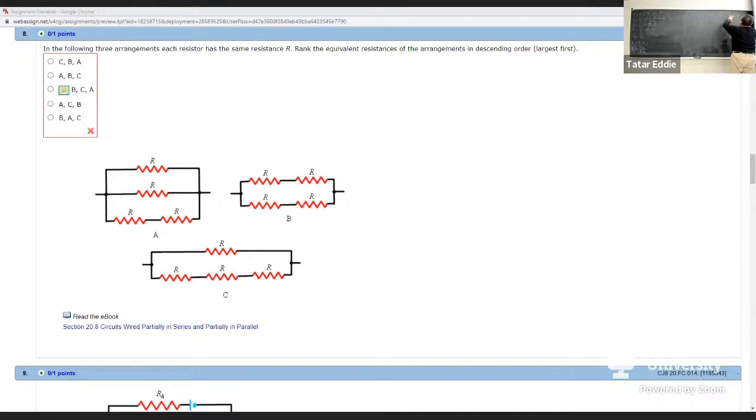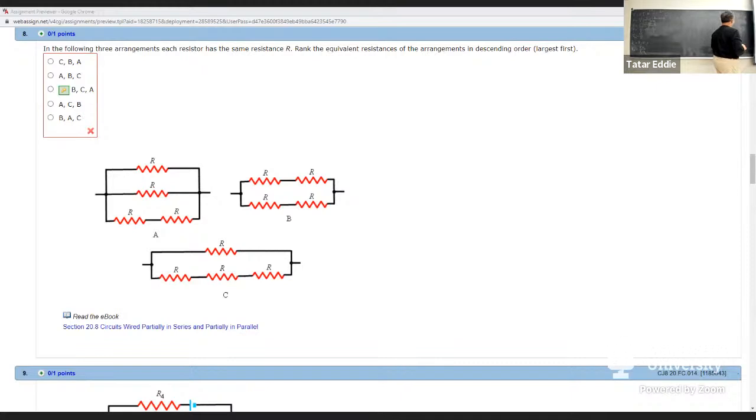So on top you have R squared. In the bottom you have 5 times R divided by 2. In other words, this is equal to 2R divided by 5, 2/5 R is the first equivalent resistance.